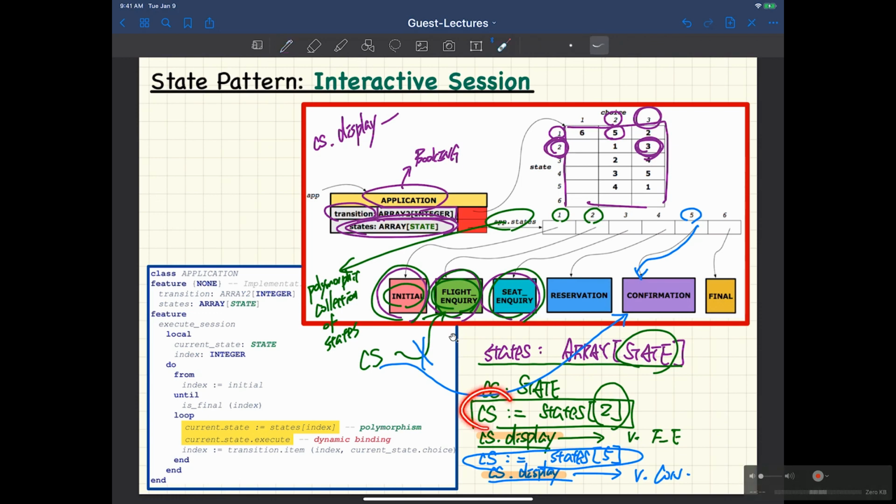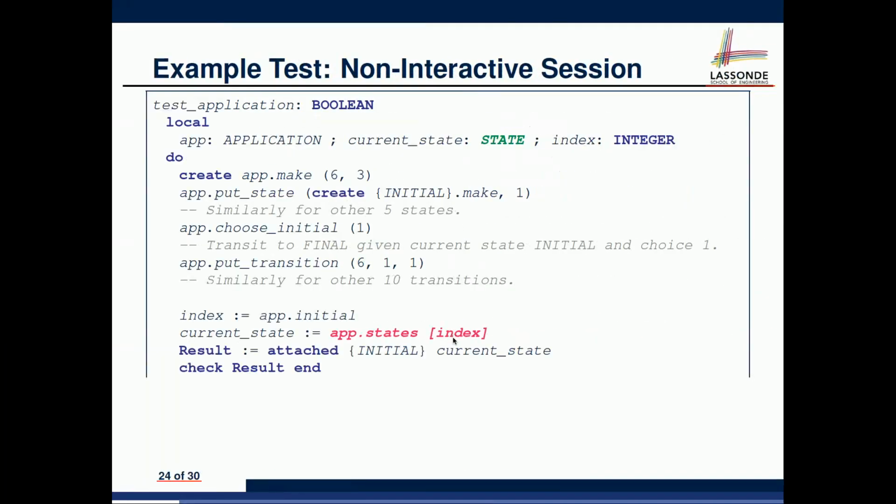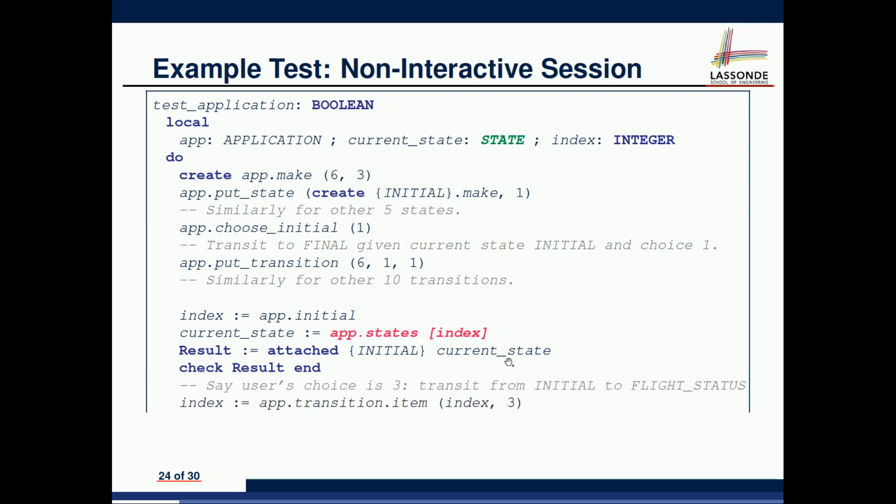You might assign that to either index 2 or index 5, depending on which index value it is. After that, you can simply make sure it's an initial state, and then you might do some transition there, and now the index will be the resulting state after making the transition. After that, you can update the current state.